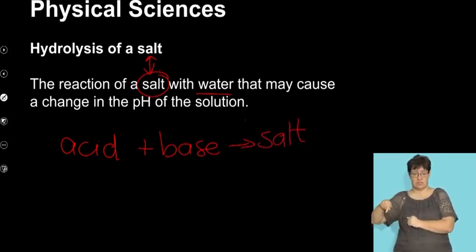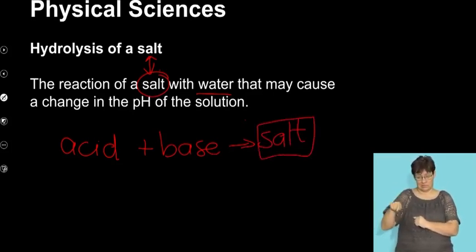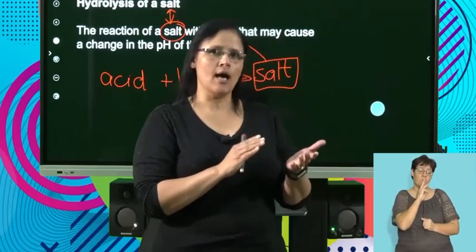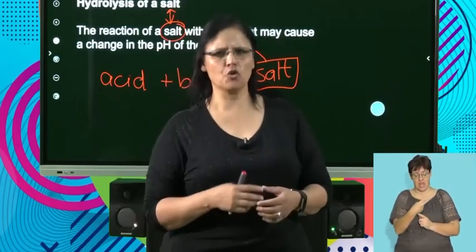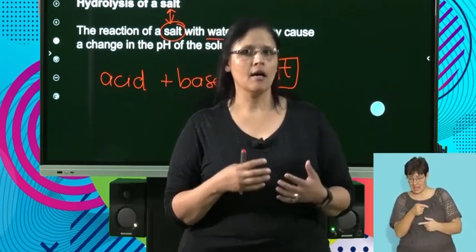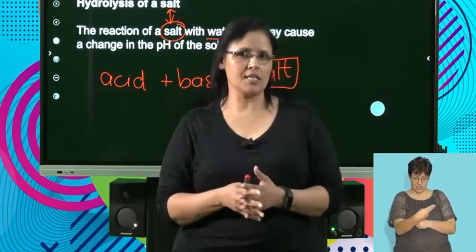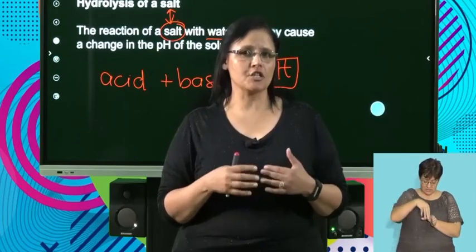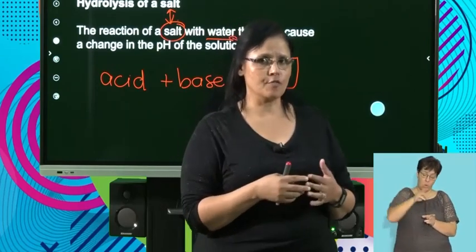It forms a salt, and if we take that salt and react it with water, and the pH is changed, then we say that changing of the pH of the salt is actually hydrolysis of the salt.